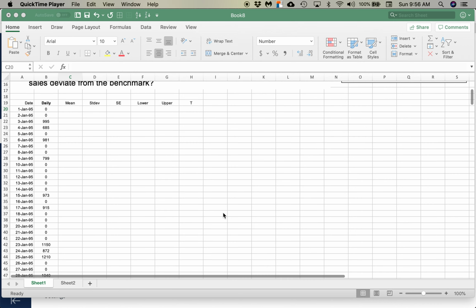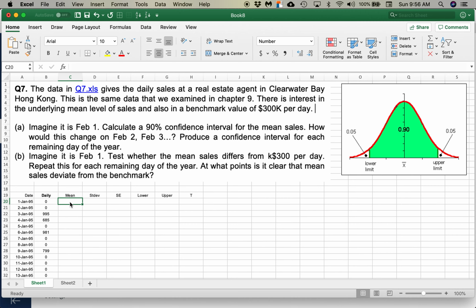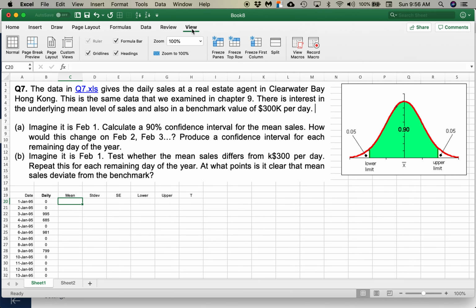Now, to be able to scroll up and down on this particular file without losing track of the questions or the header row here, you can do a neat little trick called freeze panes. So if you click in the cell where you want to freeze both columns and rows, and you click on View, you can click on Freeze Panes, and notice the line that it put in there.